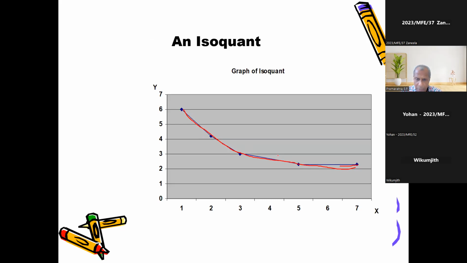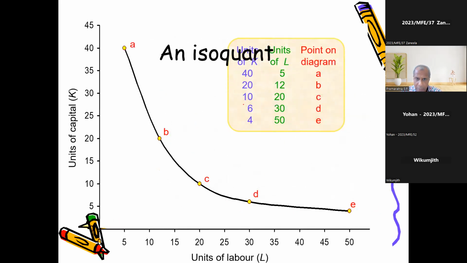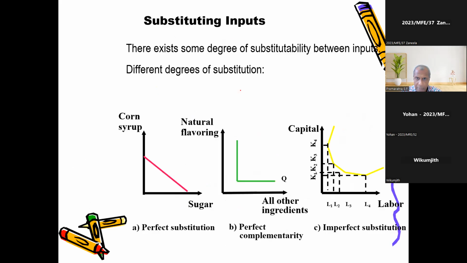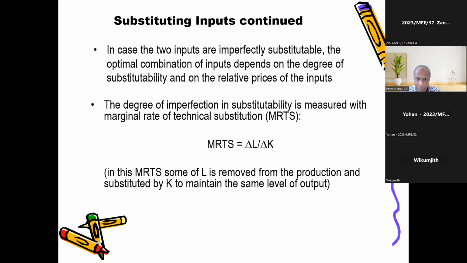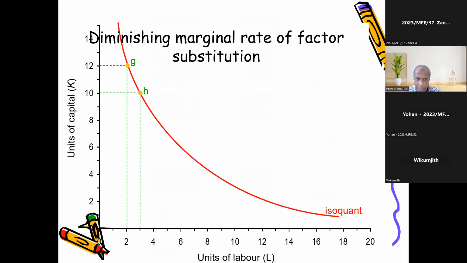The third important point is the slope of the isoquant, we call MRTS, the marginal rate of technical substitution. How do you find the marginal rate of technical substitution? Delta K over delta L.